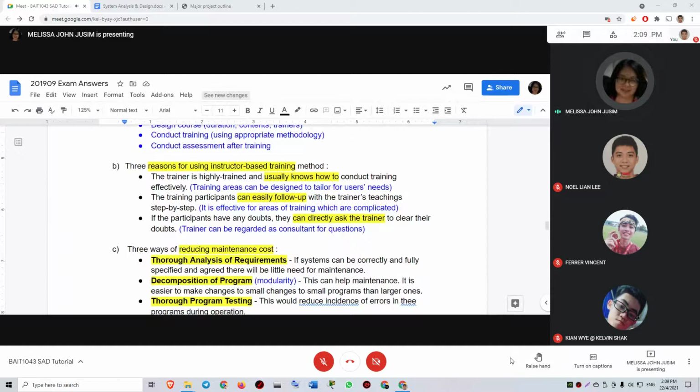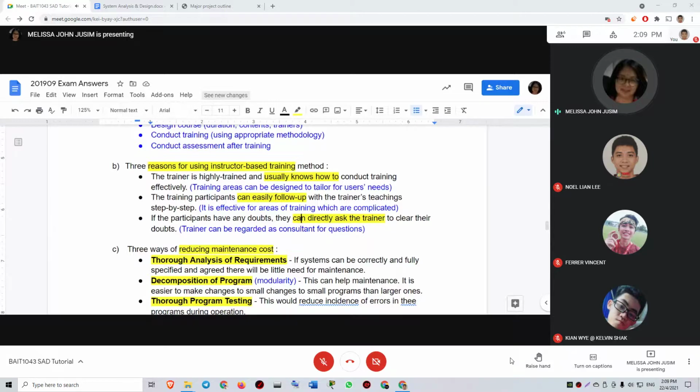B, reasons for using instructor-based training. I've rephrased according to what we have in the notes. It means because our trainer knows how to conduct the training, he can tailor to the user's needs and easily follow up.